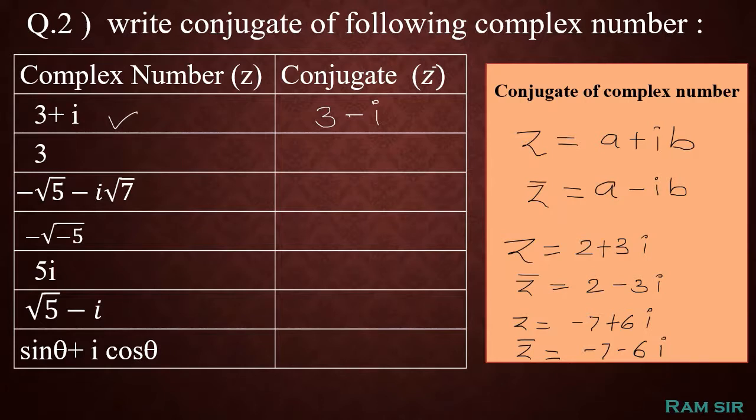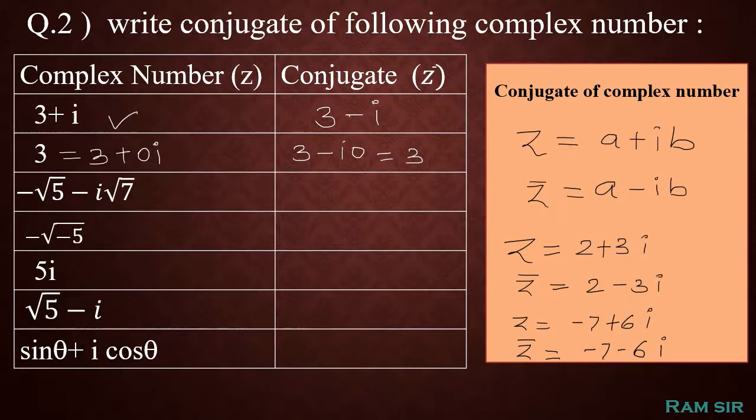The second question, 3, can be written as 3 plus 0i, and now we write its conjugate. So we get 3 minus 0i, which is nothing but equal to 3. So the conjugate of a real number is the same number. The conjugate of 3 is 3, because we are changing the sign of the imaginary part.